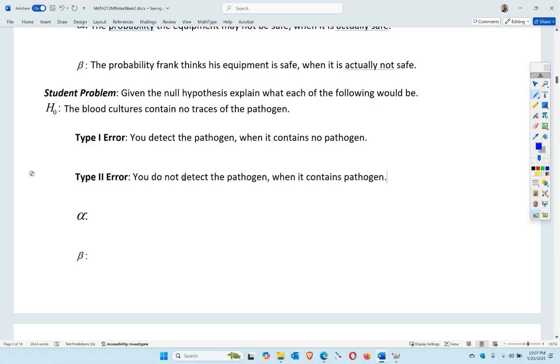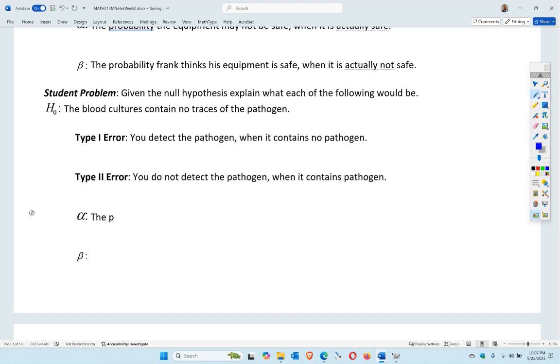Right? So, false positive, correct? Type 1 error is false positive, and false negative is type 2, right? So you detect it, but you shouldn't have, false positive. You didn't reject it, but it is there. That's false negative, right?